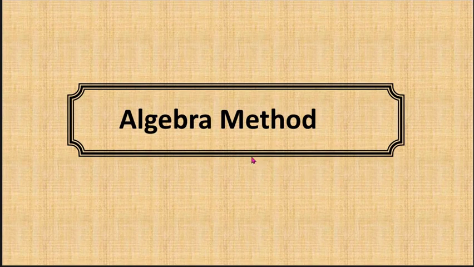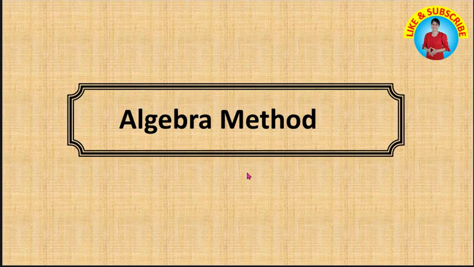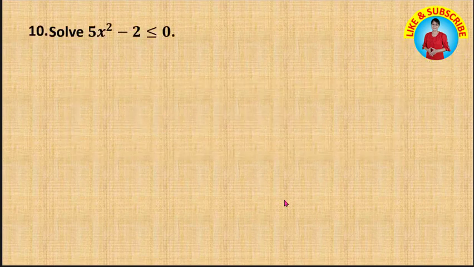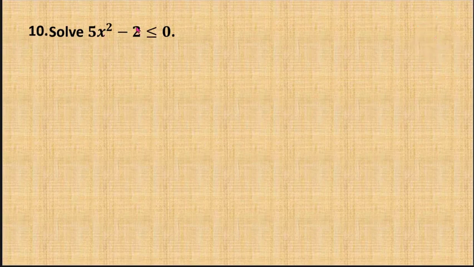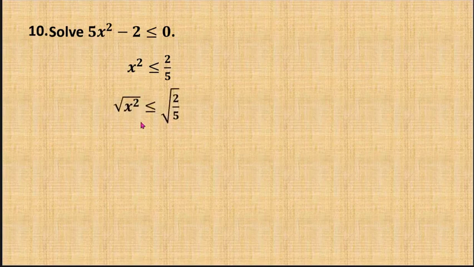Now we move on to the second method where we solve the inequality without using graph. For this question, first we shift the constant to the right. Then I square root both sides.